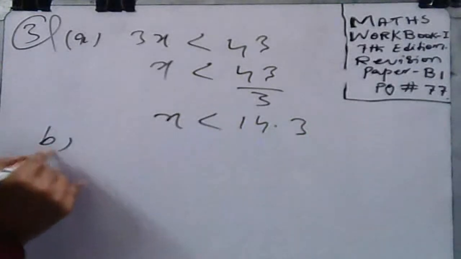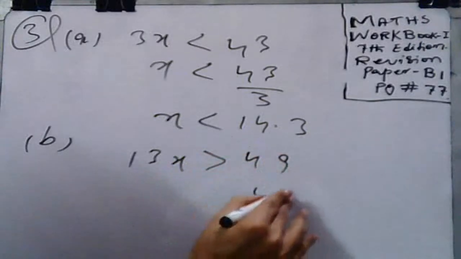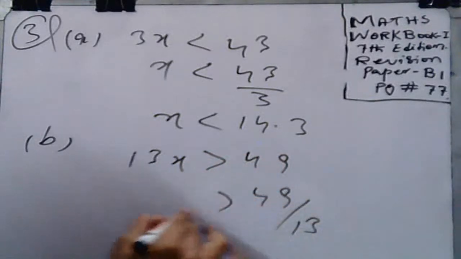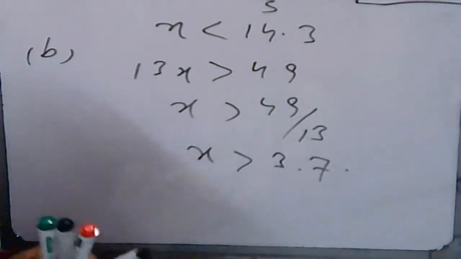And B part, 13x greater than 49 divided by 13. So the value of x is 3.7. So in question number 3 we have to find the value of x to satisfy the inequalities in the given equation.